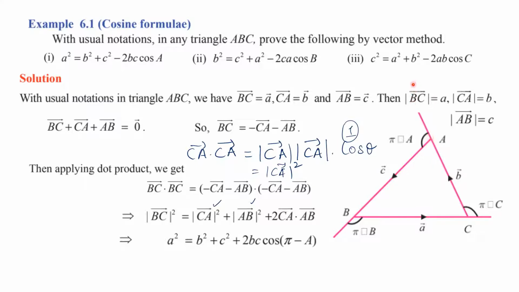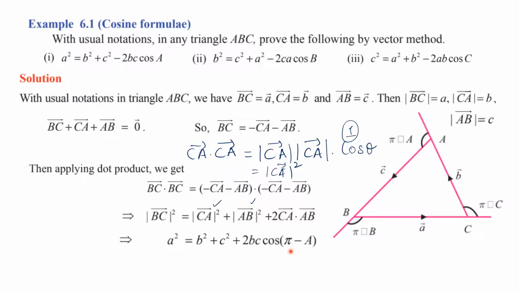So the direction goes in this way. So this is your actual angle. All right. So this angle inside is a. So this angle will be pi minus a. Okay. So we use pi minus a.